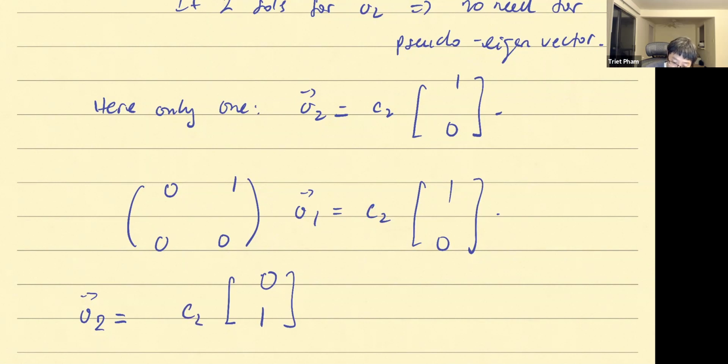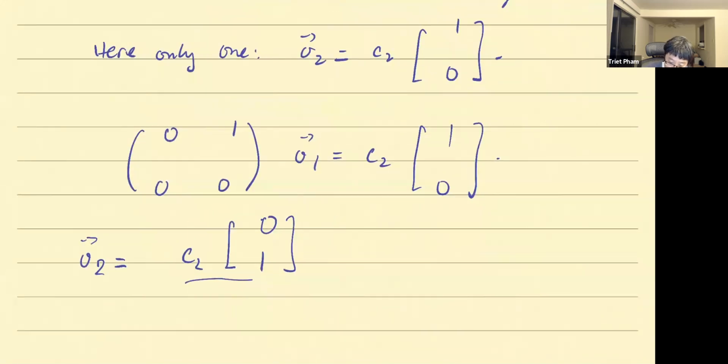But this part right here is just one particular solution. This equation has one degree of freedom, so you need that degree of freedom. That degree of freedom is C1.